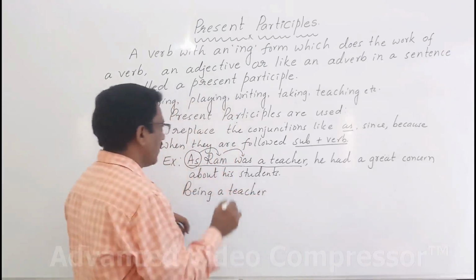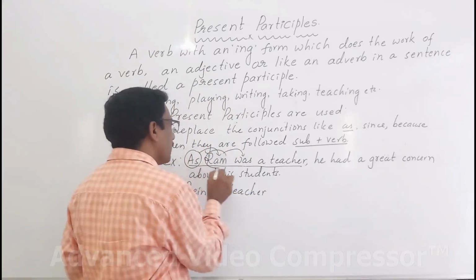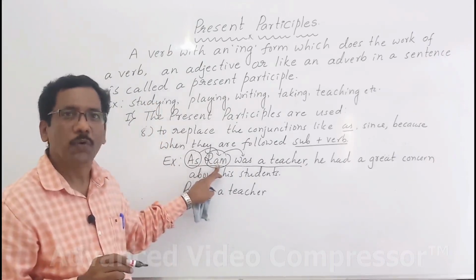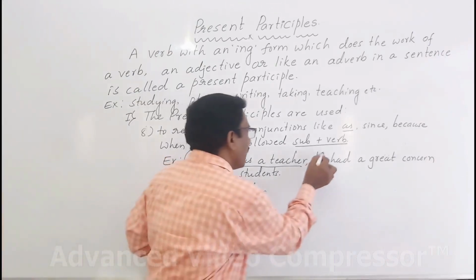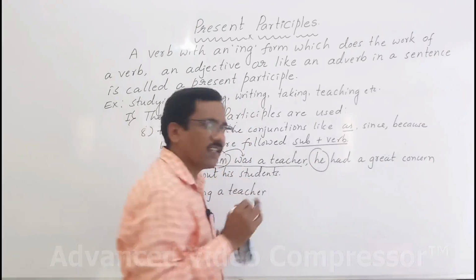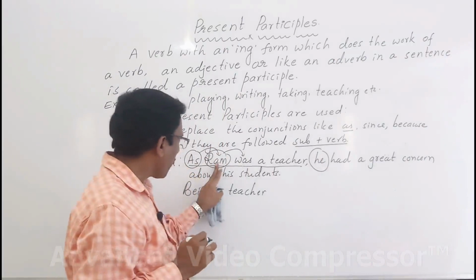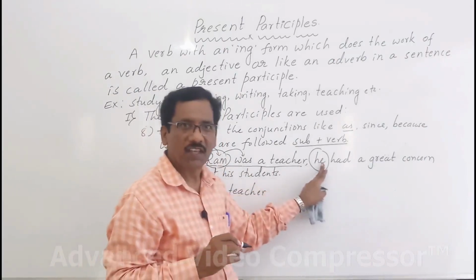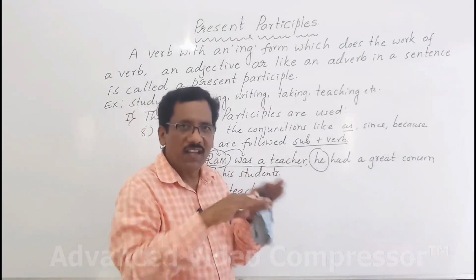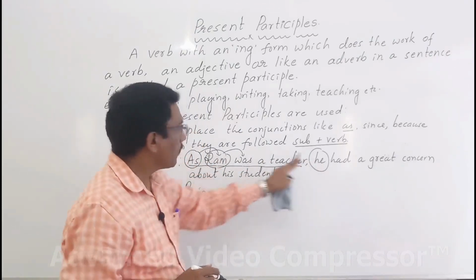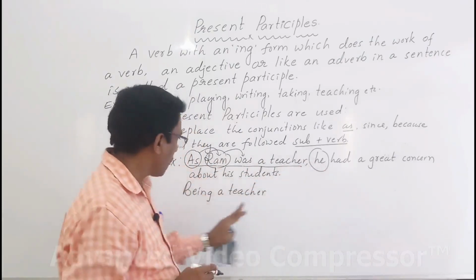Being a teacher. Again same, here subject is there, Ram. Okay, subject is proper noun. And the subject of the second sentence is pronoun. Okay, here proper noun is there, here pronoun is there. While changing the sentence, instead of pronoun, we have to use proper noun here. Come on.